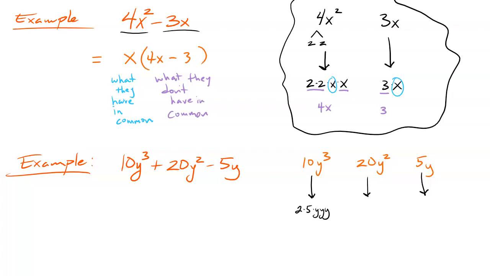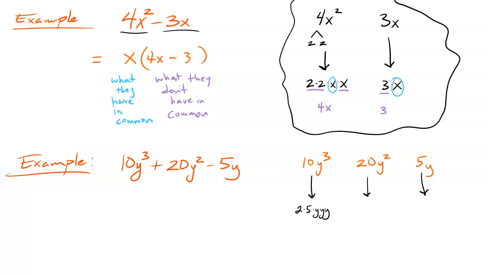AJ, how about 20y squared? How did you break that one down? Oh, I think your mic might not be working quite right. Maybe you can just type it in the chat really quick, because there's no powers or anything. Close.